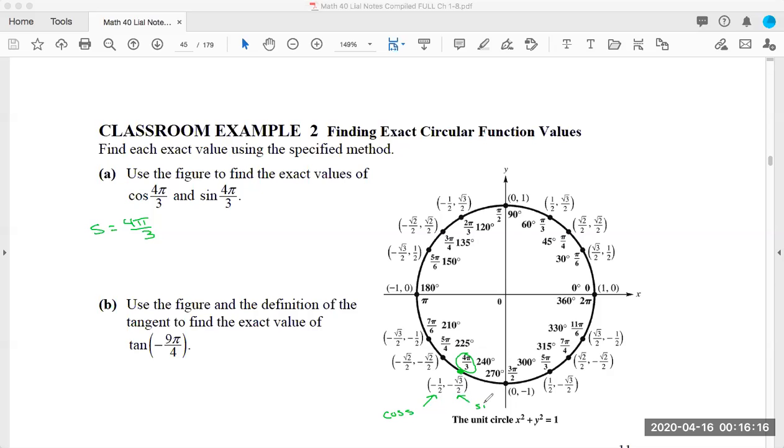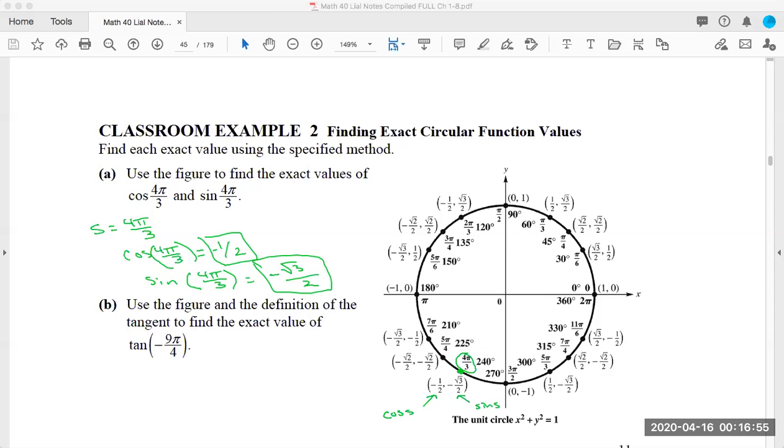And this would be the sine value. So cosine of 4 pi over 3 is equal to negative 1/2. And sine of 4 pi over 3 is equal to negative root 3 over 2.